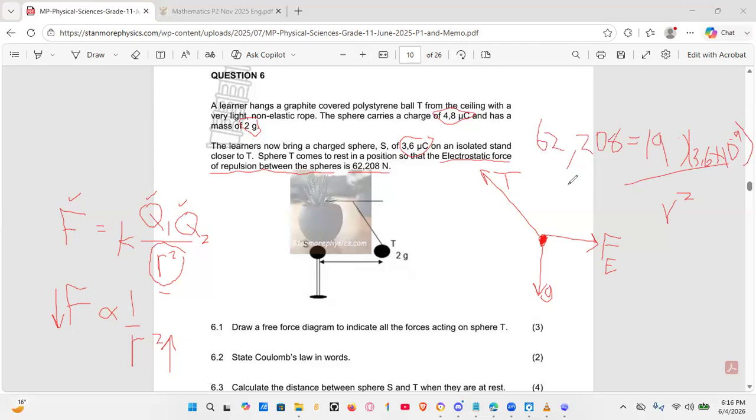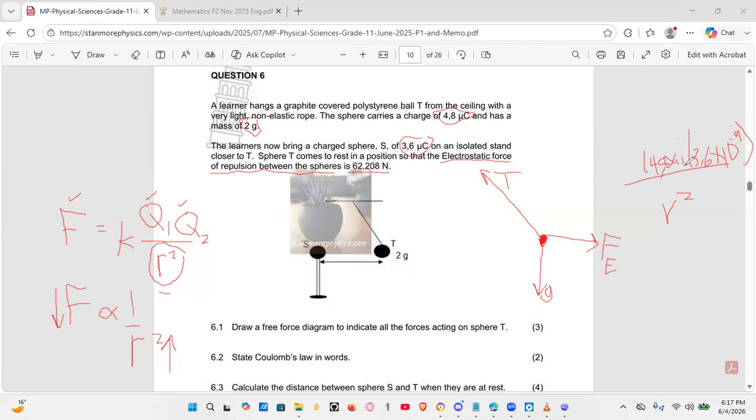Let me give myself more space here. So I think K is 9 times 10 to the power of 9, if I'm not mistaken, but it's a big number. And then you just plug in K. Yes, it's 9 times 10 to the power of 9. Then you have 4.8 times 10 to the power of negative 9 as well, because that's the second charge.